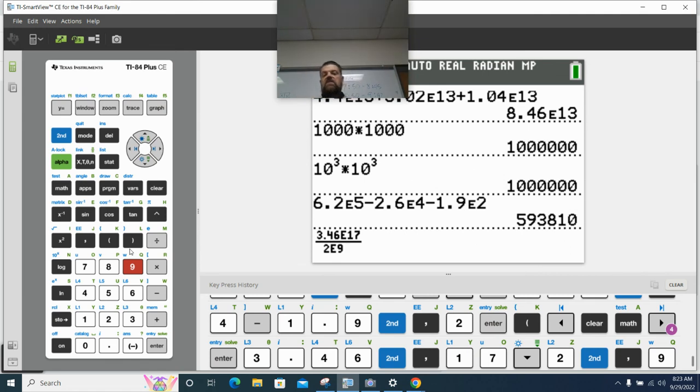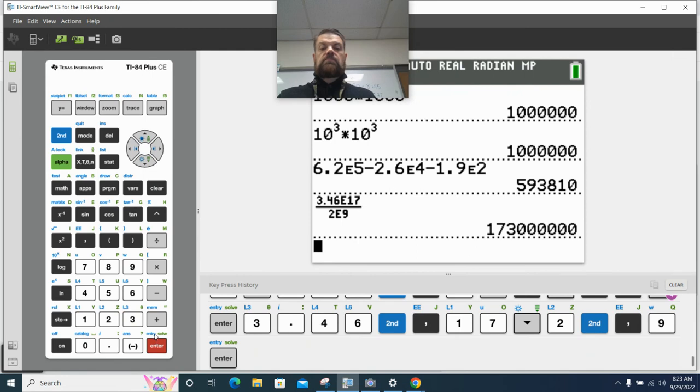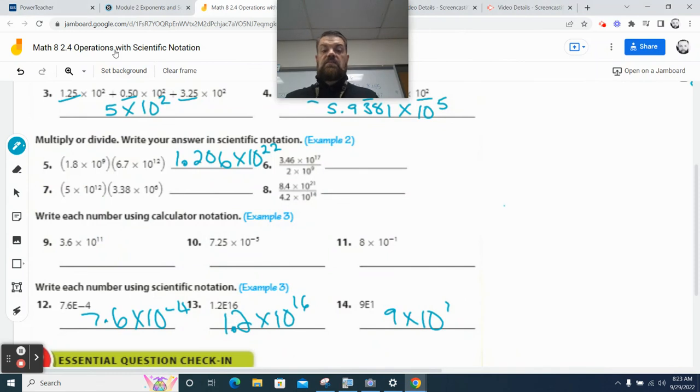So my answer should be close to something to the 8, right? 1.73 times 10 to the 8 power. Yeah, so if I count this, it goes 1, 2, 3, 4, 5, 6, 7, 8. Yeah, 1.73 times 10 to the 8. Okay? That's it.